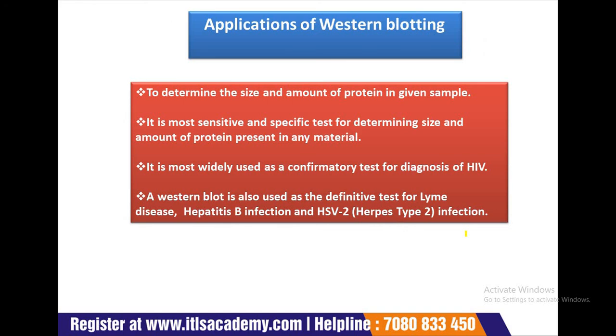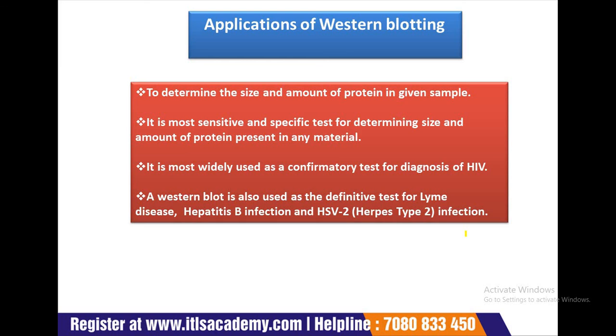So next is the application of Western blotting. To determine the size and amount of protein in a given sample, it is the most sensitive and specific test for determining the size and amount of protein present in any material. It is most widely used as a confirmatory test for the diagnosis of HIV, where this procedure is used to determine whether the patient has antibodies that react with one or more viral proteins or not.